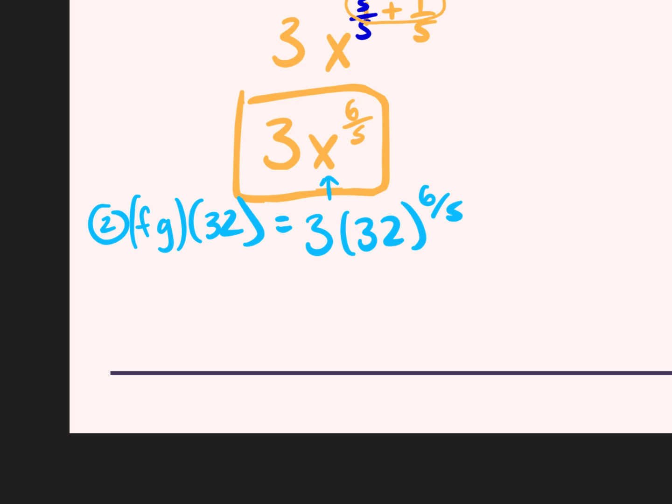I've got to do the exponent first. Remember PEMDAS. What's my index? The index is 5, so that goes out front of my radical. So it's 3 times the 5th root of 32 to the 6th power. The number on top stays on top. That's my exponent.